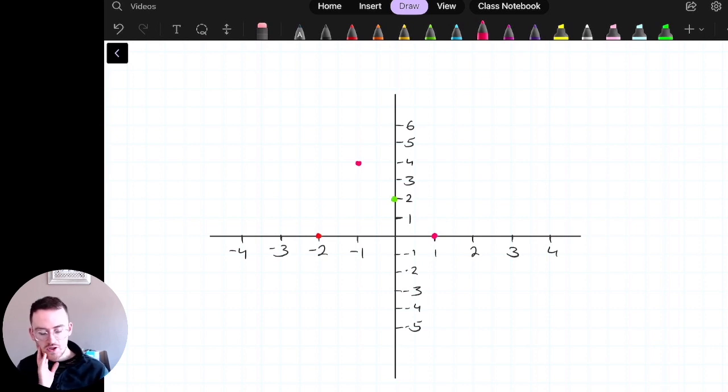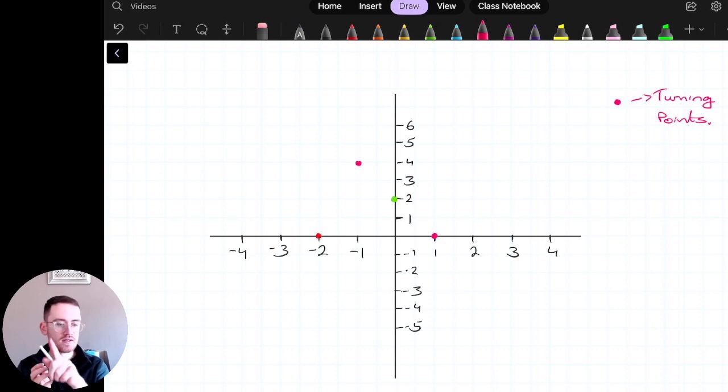We know that these two pink dots are turning points. My maximum and minimum are turning points, and those were what we were talking about earlier at the very start with your bicycle. That's where your graph is going to turn. So we have to make sure that at those points in our sketch, our graph does turn.